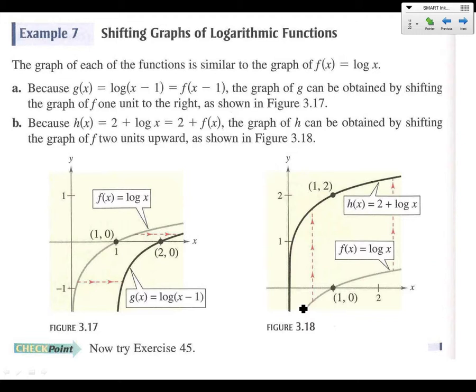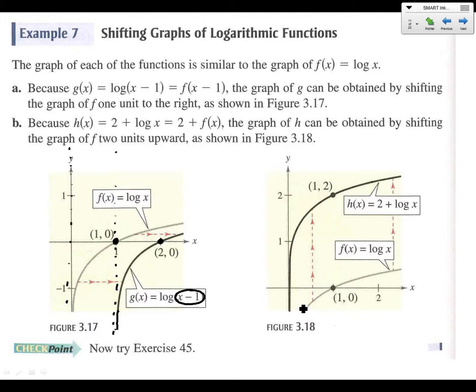Works exactly the same way. We'll look at log of x minus 1. All right, what's going on here? We're shifting this graph 1 to the right. So our important point used to be (1, 0). Now it's going to be (2, 0). Our asymptote used to be the y-axis, and now it's going to be shifted over by 1.